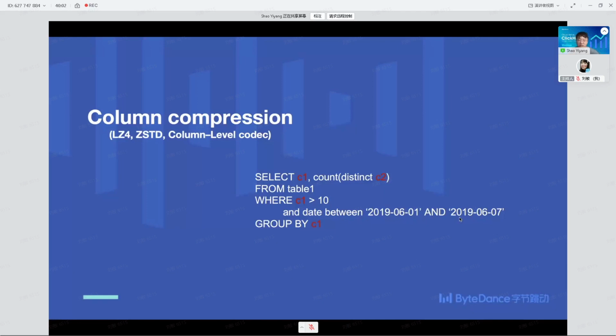So less disk spin leads to less time. The compression algorithm used in ClickHouse is actually quite straightforward. It's just a very common LZ4 or ZSTD compression algorithm, but because each column has exactly the same data type, the compression rate can actually reach a very good result.